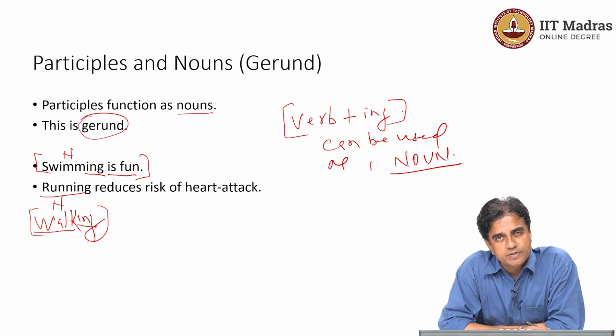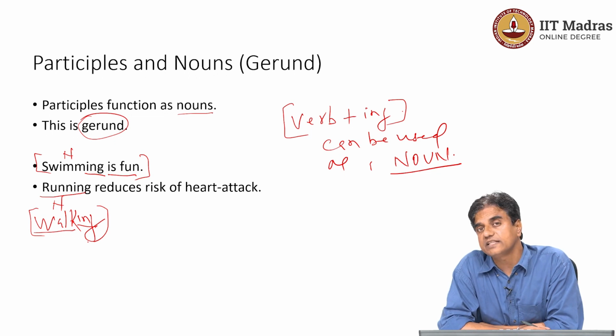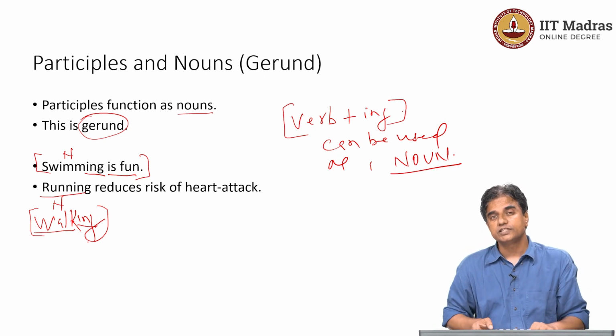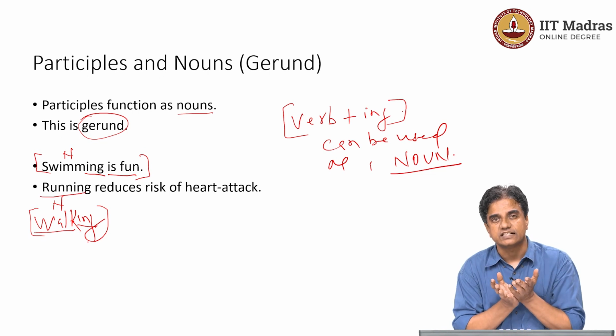So a participial construction used as a noun is a very productive pattern in English, and we don't need to lose focus on it. When they become nouns, they don't remain verbs. And when they are used as a noun in a sentence as subject or object, there has to be something else functioning as the verb. Therefore, it is important for us to understand the basic template of a sentence.